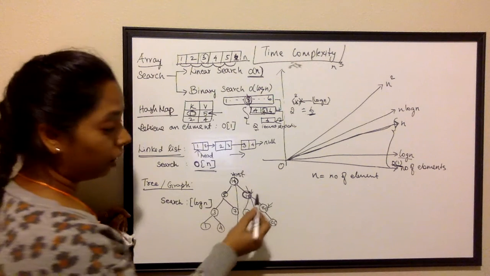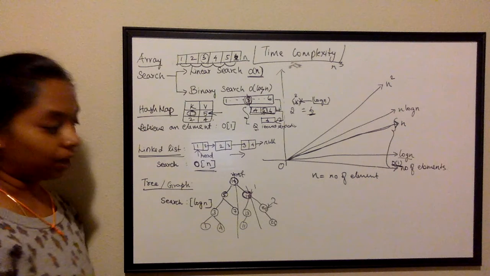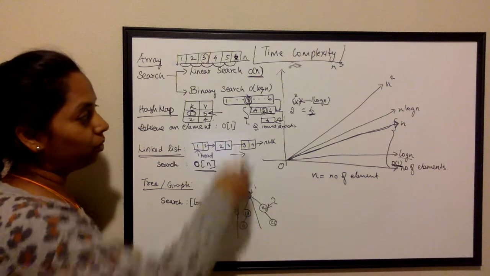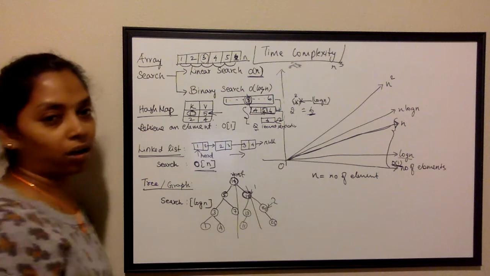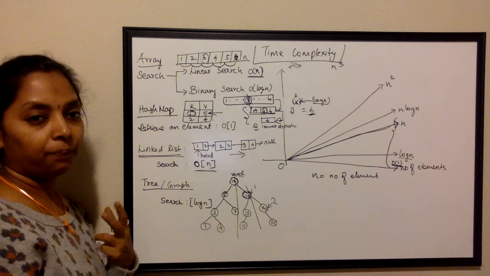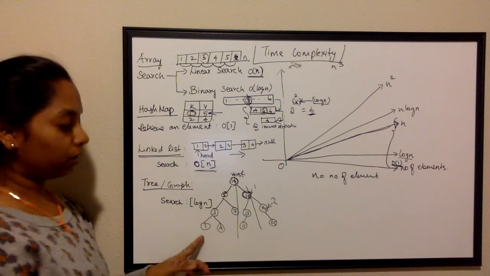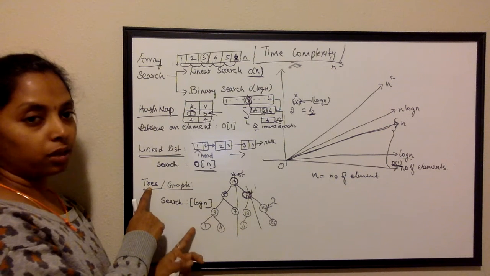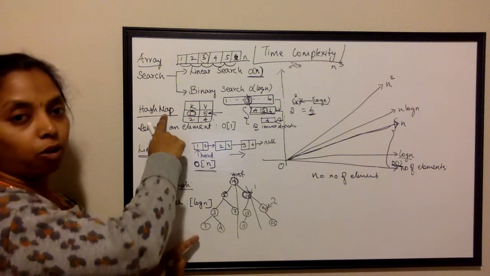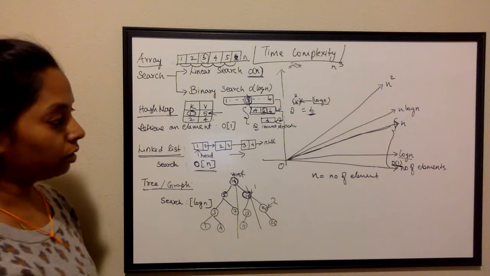Here also, in just two operations we found the element. So the tree search also constitutes log n, which is a very good time complexity. Whenever a problem asks you to search for something, you can think, okay, a tree is a good option, a hash map is a very good option, and then binary search.